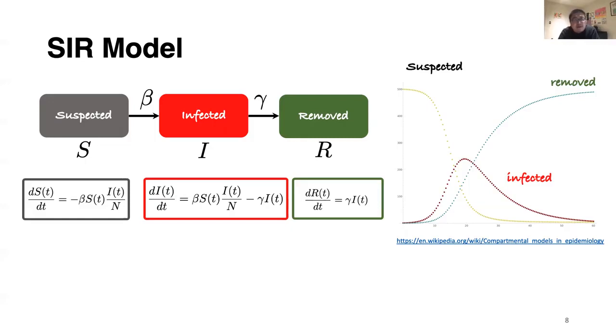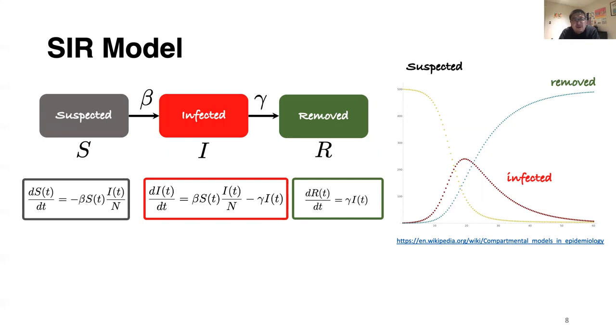So the first gray equation basically describes the fact that through the interactions between the susceptible and the infected, the size of the susceptible population is becoming less and less.